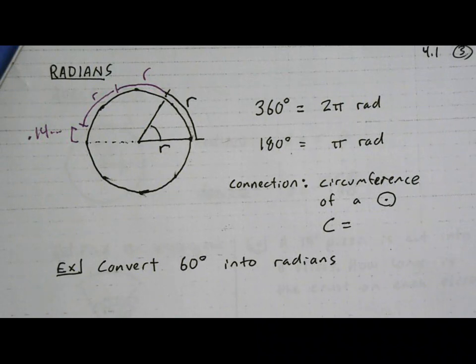I want you to think about the formula. I'm going to pause and let you guys get caught up here. I want you to try and make a connection as you get caught up, and think about the formula for the circumference of a circle and how it relates to what we just talked about.